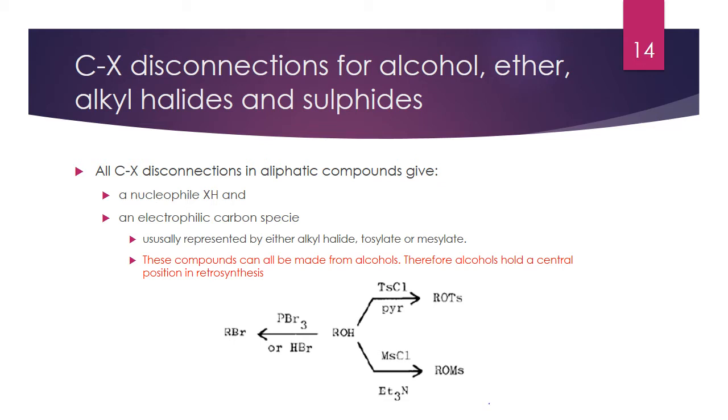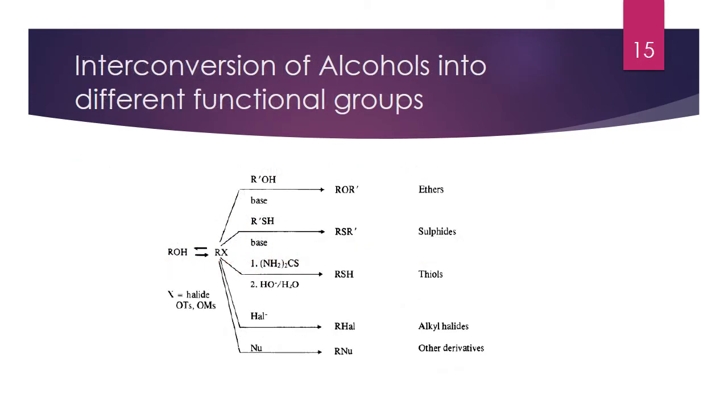Both of these meaningful entities, that's alkyl halide, tosylate or mesylate, can be easily obtained from alcohols. Therefore, alcohols are central to the C-X bond. Here you can see how we can interconvert alcohols into different functional groups. This is a functional group interconversion. So alcohols can be interconverted into alkyl halide.